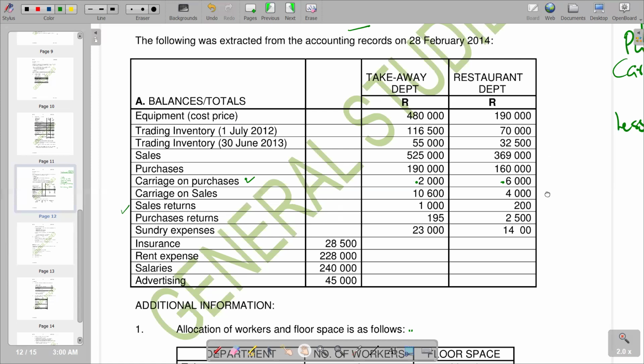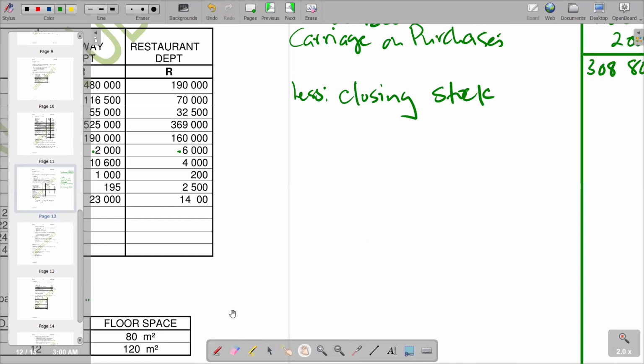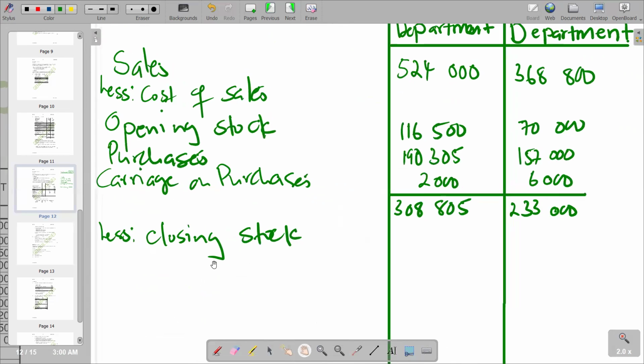So we indicate as such here. For takeaway department, we've got 55,000. For the restaurant, we've got 32,500.